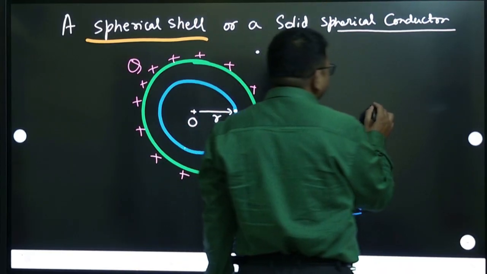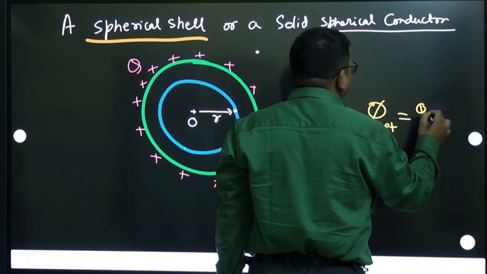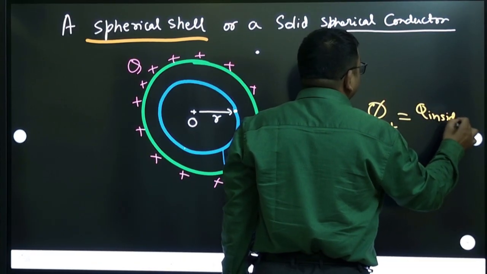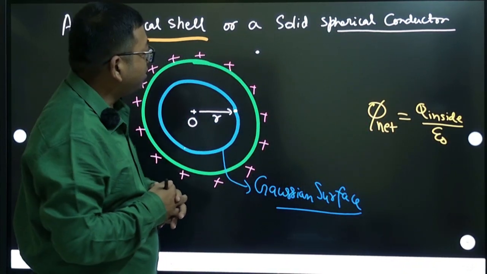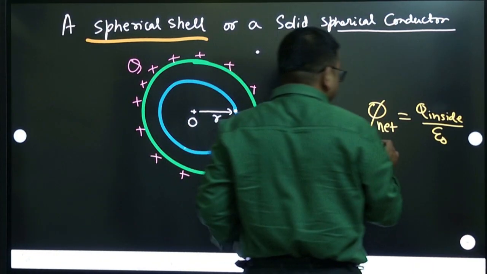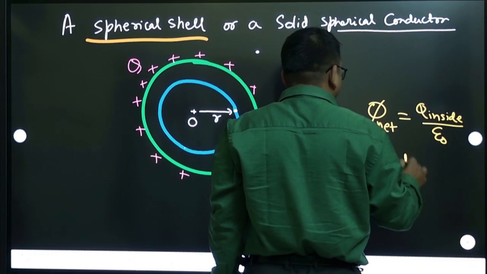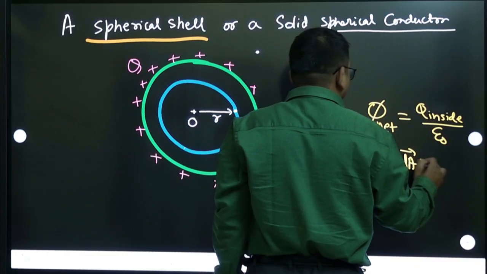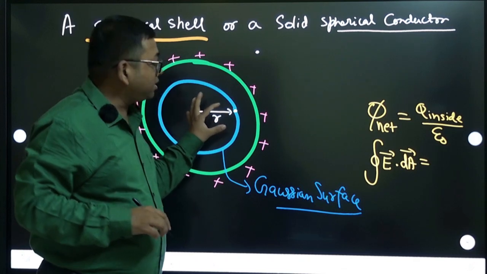What is Gauss law? Gauss law says that the net flux is equal to charge inside by epsilon naught. What is net electric flux? It is the integration of E dot dA. But here there is no charge inside, all the charges are outside.